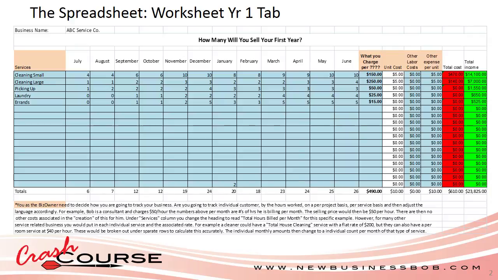The other labor costs you can indicate if there's any costs associated with the service. Other expense per unit, so that's where I've input a small $5 per cleaning supply charge, essentially. The total cost and total income are calculation fields that will automatically calculate for you, so you can not worry about that part. Let's go on to the next.